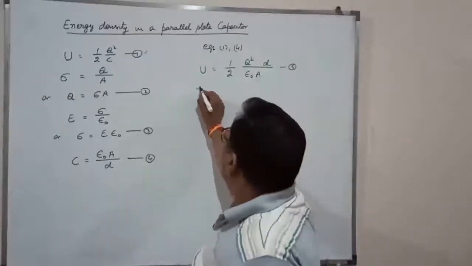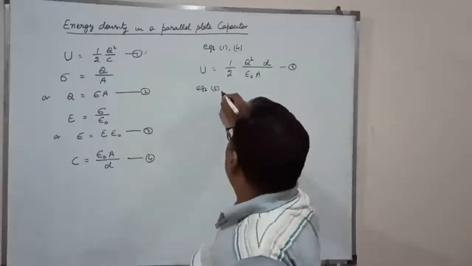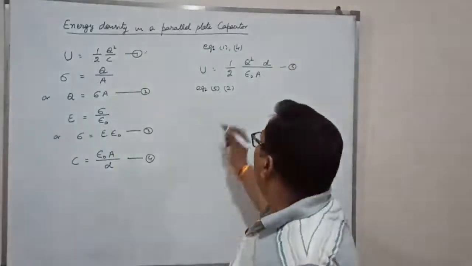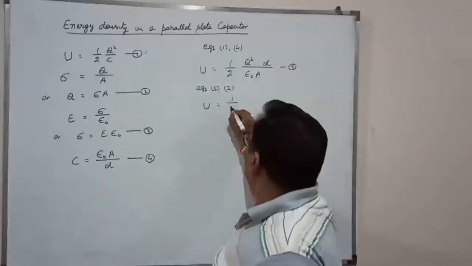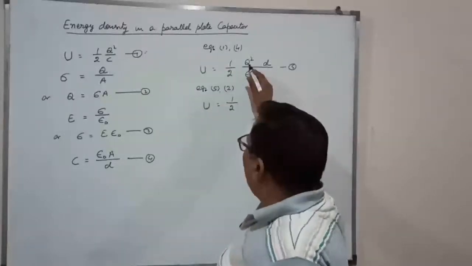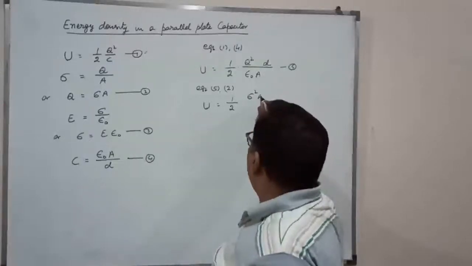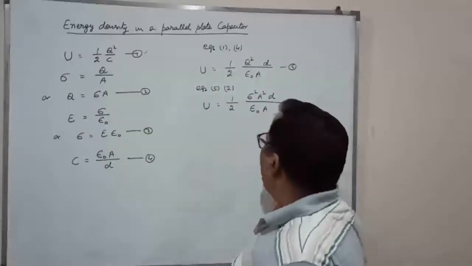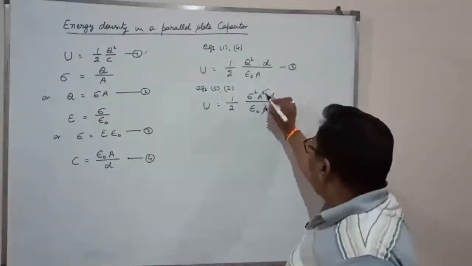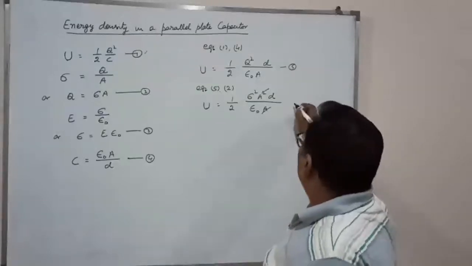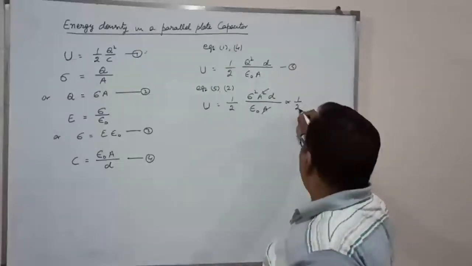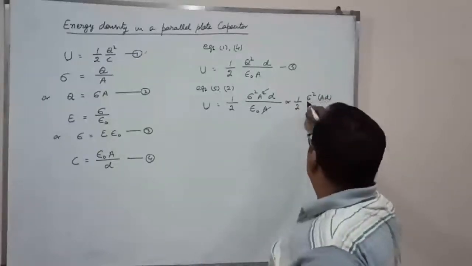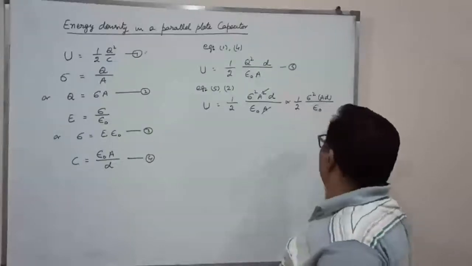From equation 5 and 2, U is equal to half sigma square A square d upon epsilon 0 A, or half sigma square A d upon epsilon naught.